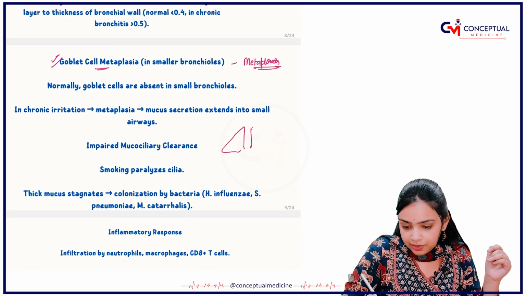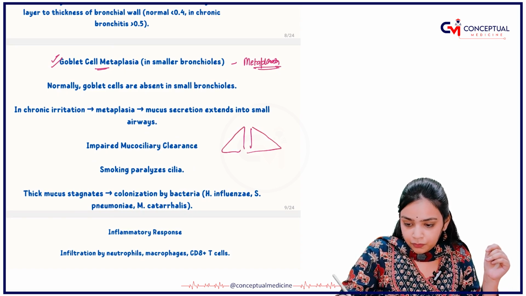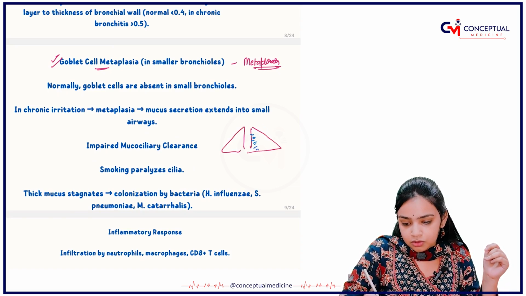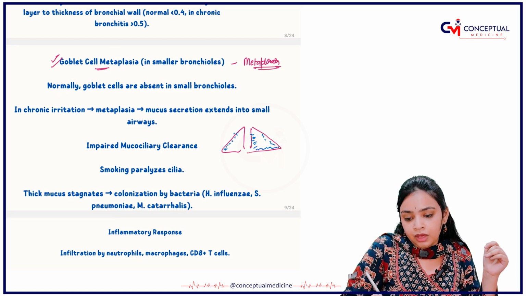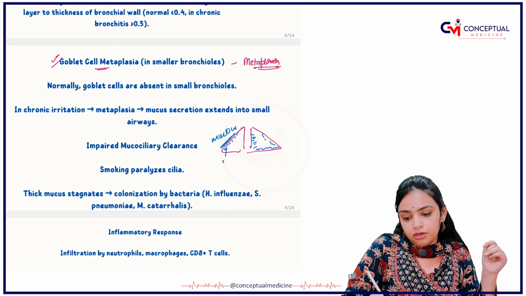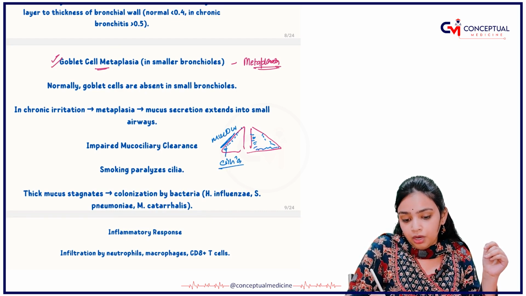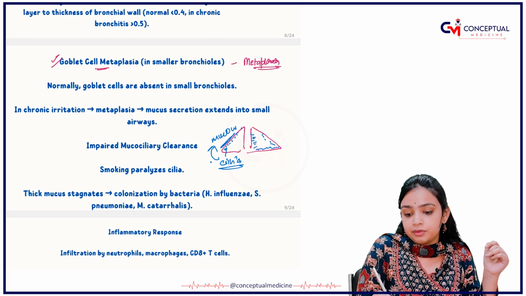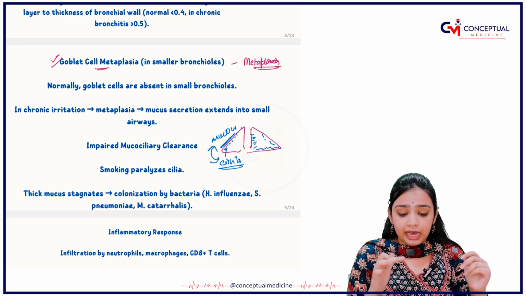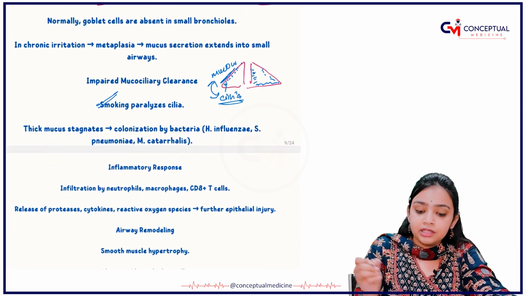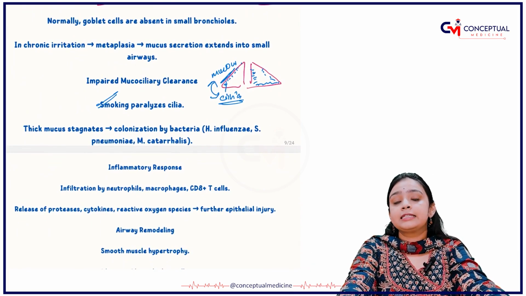These are your lungs, right? You have cilia. Let's suppose these are your cilia, and here you have mucus. So impaired mucociliary clearance means there will be a lot of gap between them, and smoking basically paralyzes the cilia.